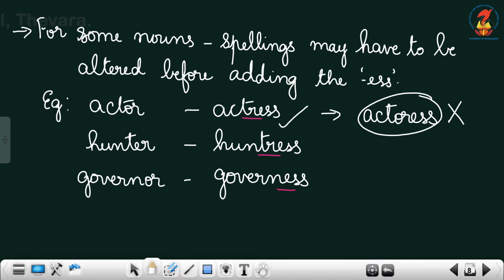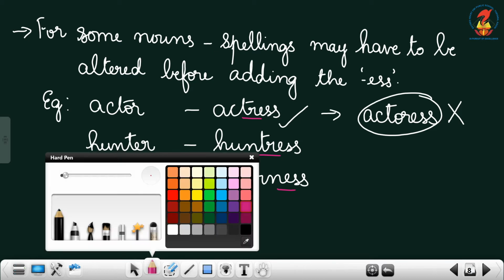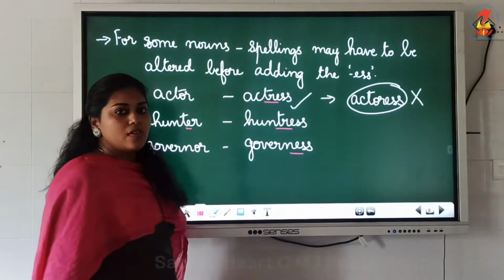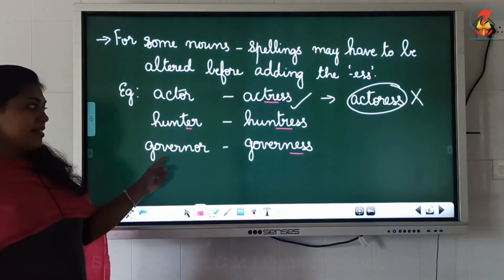So when you change into feminine form by adding ESS, here you alter the spelling by omitting E here. The E here is getting omitted. Here we have E, right? But when we change it into feminine form, we are omitting that E and just writing TRESS.